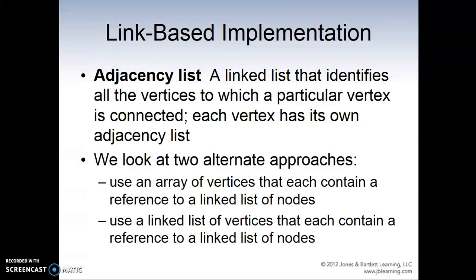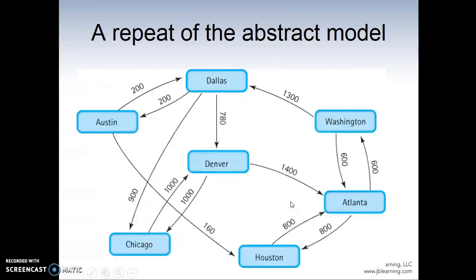Each vertex has its own adjacency list. So we look at two alternative approaches. We can use an array of vertices that each contain a reference to a linked list of nodes, or a linked list of vertices that each contain a reference to a linked list of nodes.